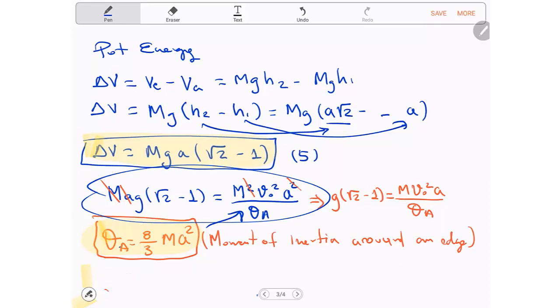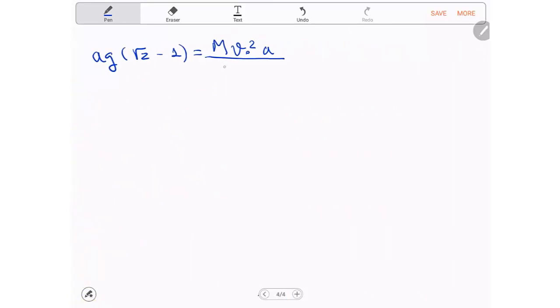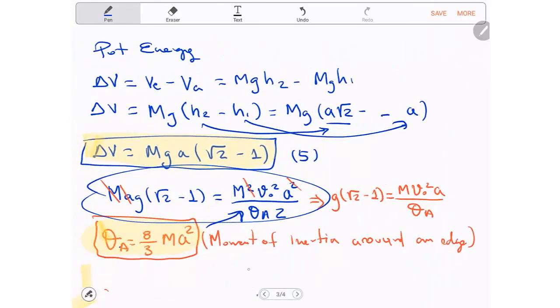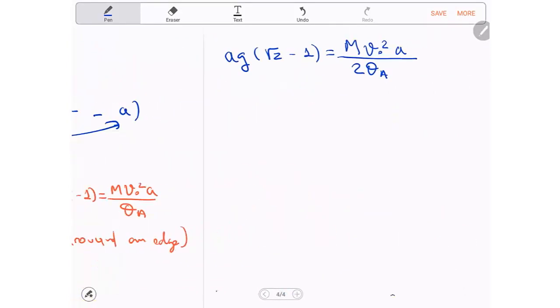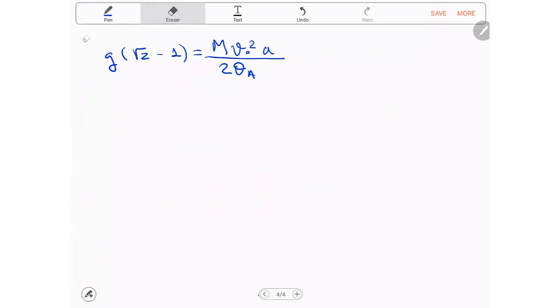Oh, sorry, I forgot to write down the 2 over here, and now we are good. You have 2 theta a, right? This is the same equation we had before.